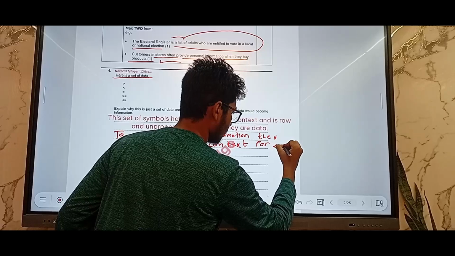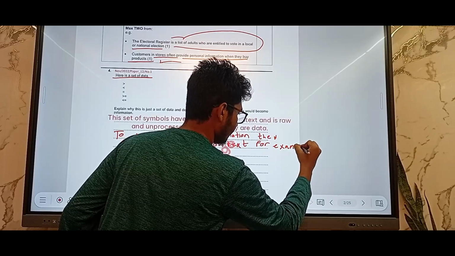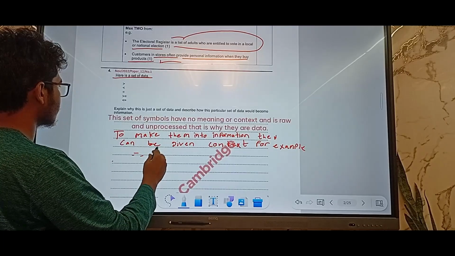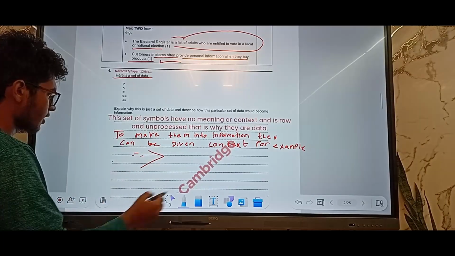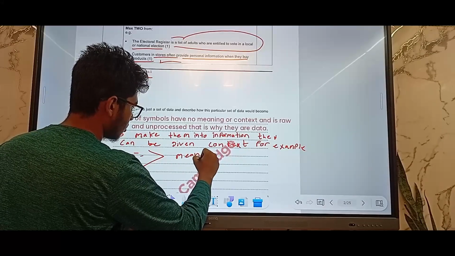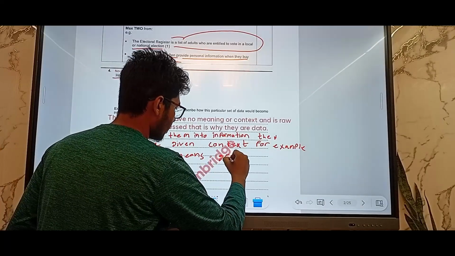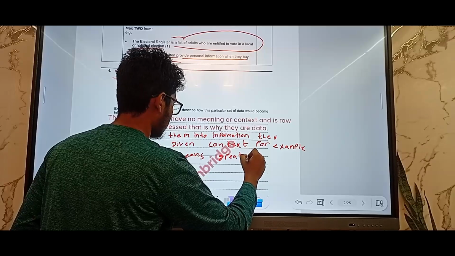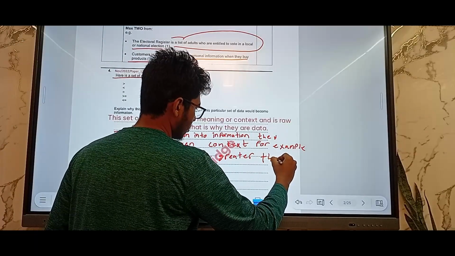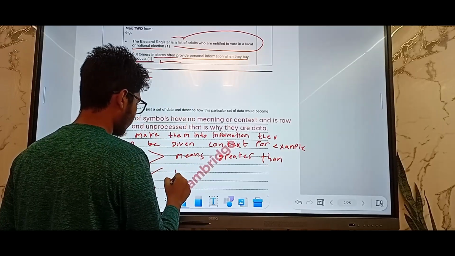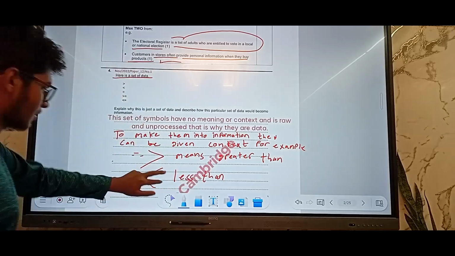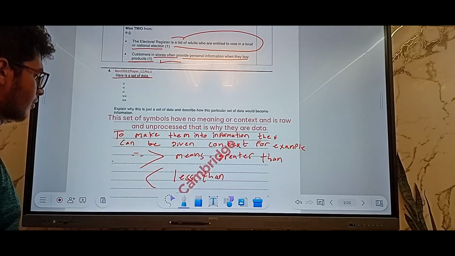For example, now we have symbols like this, right? Now I can say that this symbol means greater than, and then the other you can give less than. Oh, these two should switch places, my bad, right?